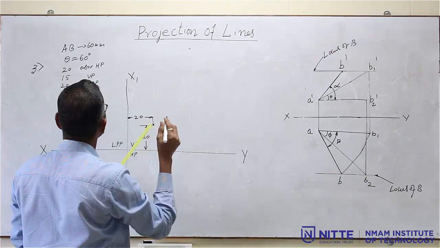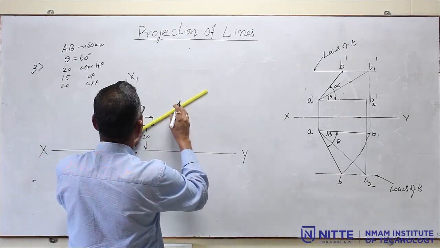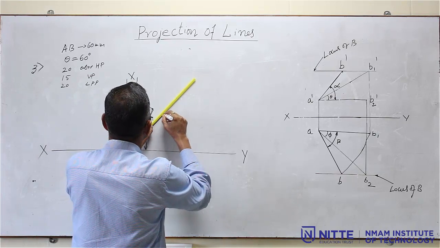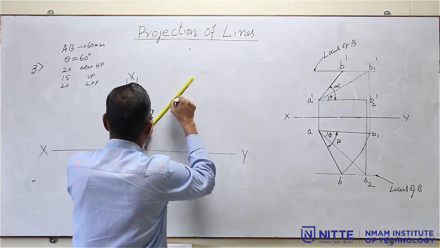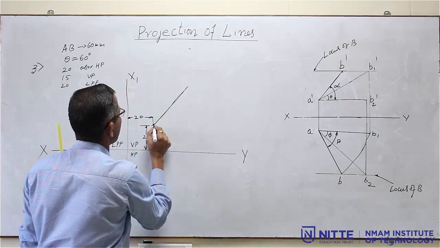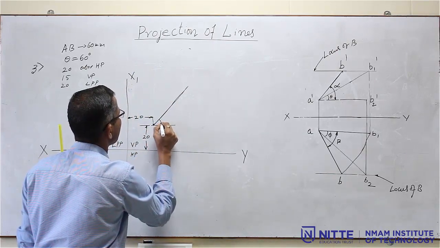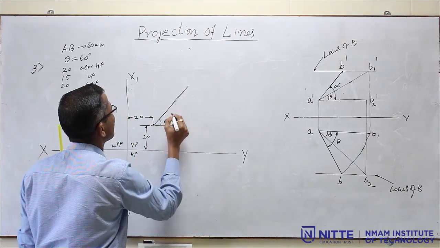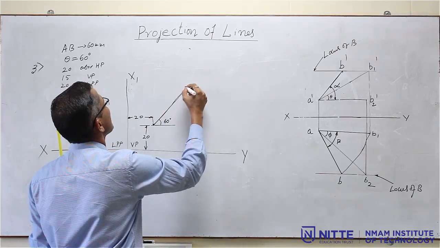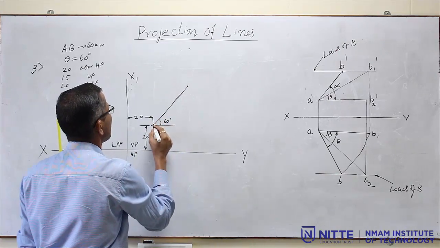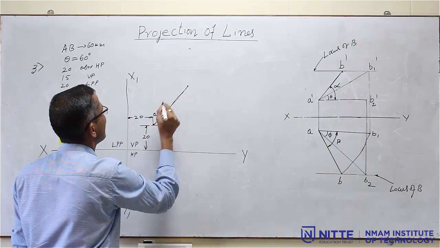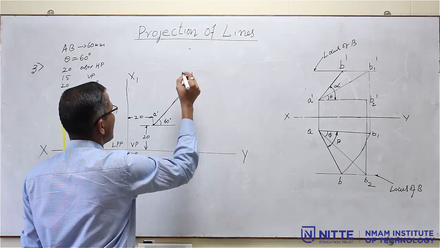So, from here I have to draw a line at 60 degrees and length equal to 60 mm. The angle is 60 degrees and the length of this is 60 mm, from here to here. I will call this end A dash, this end B dash.